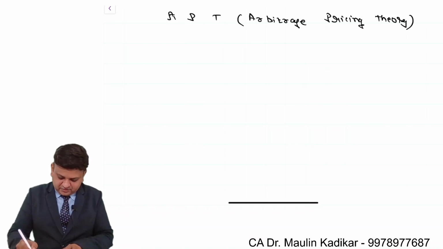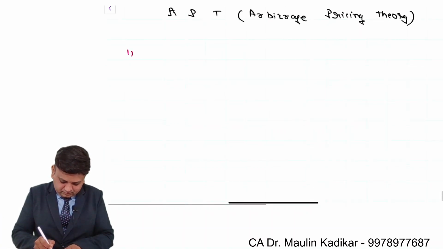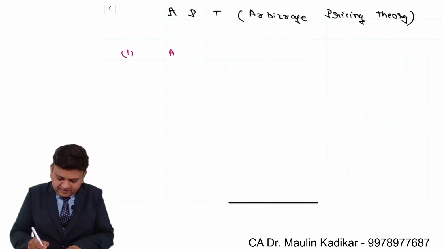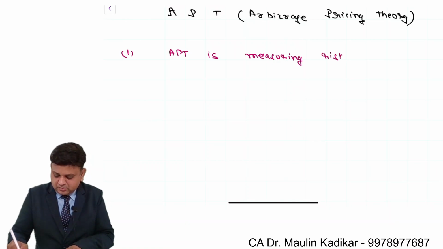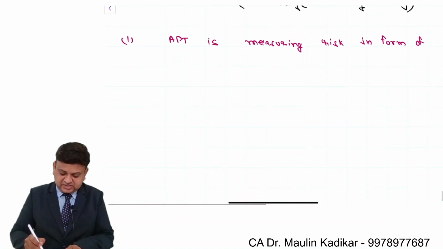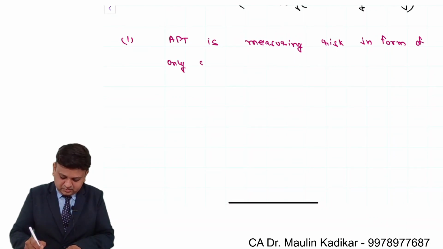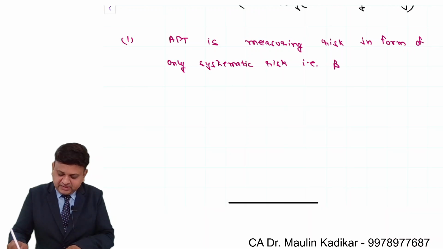Write down a note for this. First point: APT is measuring risk in form of only systematic risk, that is beta.